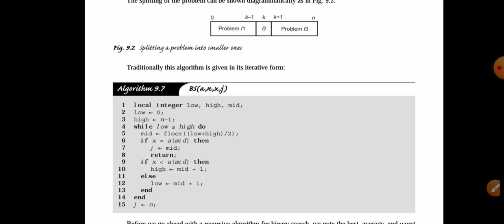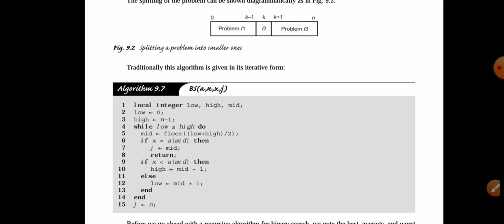In binary search, we have an array. The binary search algorithm is used for searching a number in a sorted list. The requirement is that the array should be an ordered array. The array has the elements from 0 to n minus 1.